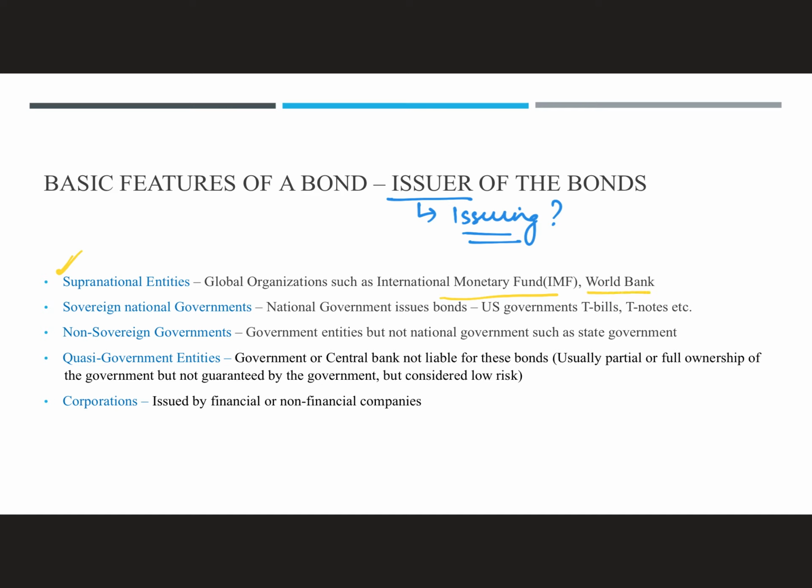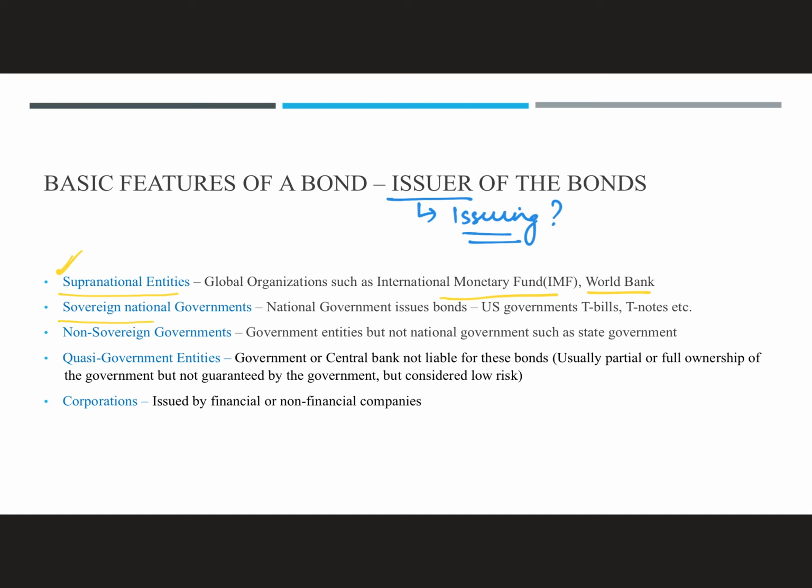So these are fairly global organizations raising capital and debt for humanitarian purposes, as well as helping the development of underdeveloped countries, emerging economies, or developing countries, financing projects in these sort of countries. So these are global organizations issuing debt.